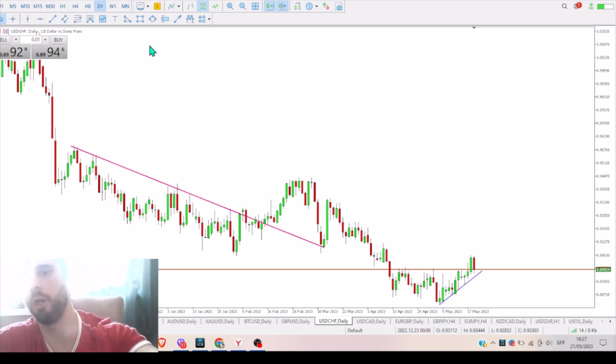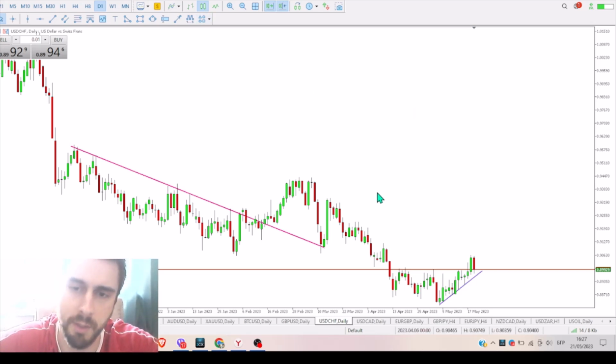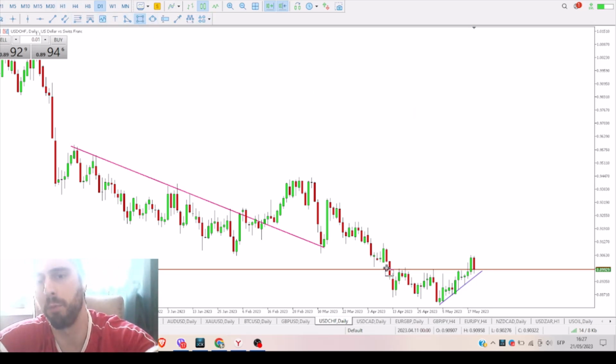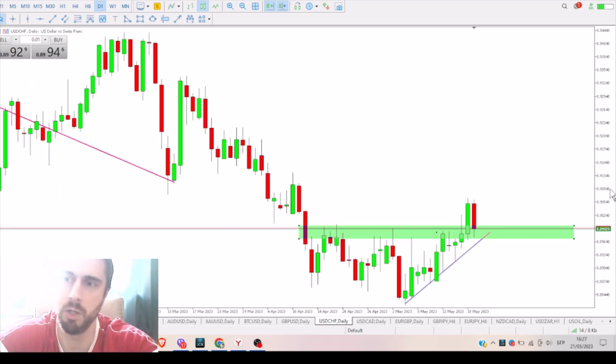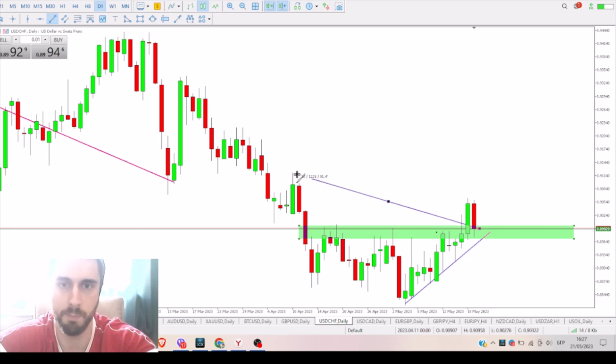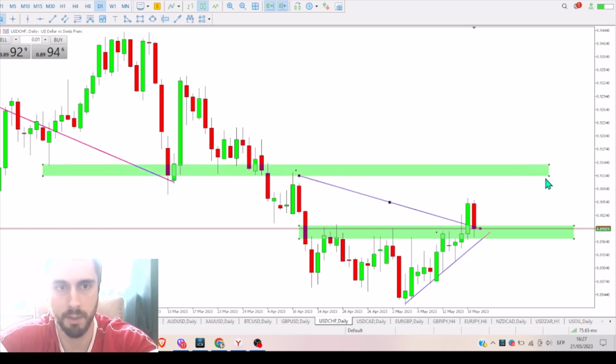I remember this chart, guys, and here is also something interesting. So we have broken this support area, the same thing as USD JPY. If we continue bullish, then we are going to the upside, probably to this previous high, which is actually important resistance.